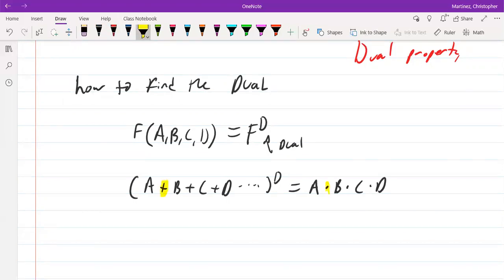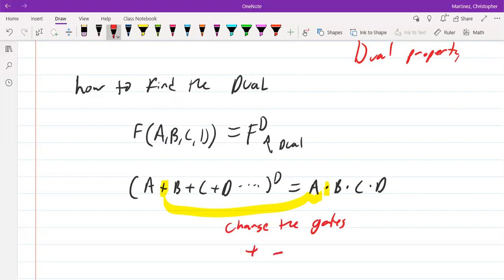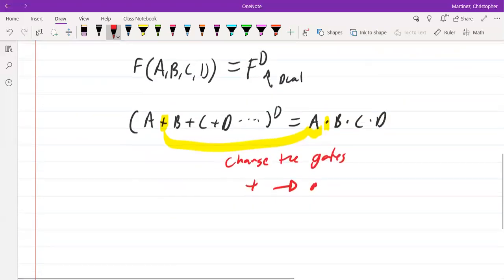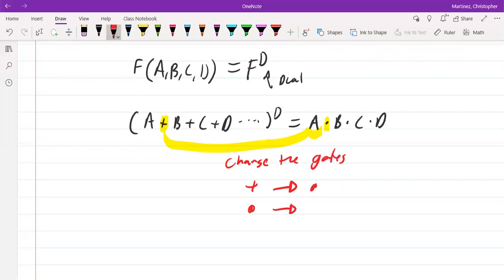So we're going to see that in here, a plus became a dot. So we're going to change the gates. The gates are going to go: plus moves to a dot, and dot is going to move to an or. What is different than De Morgan's is that our variables stay the same.